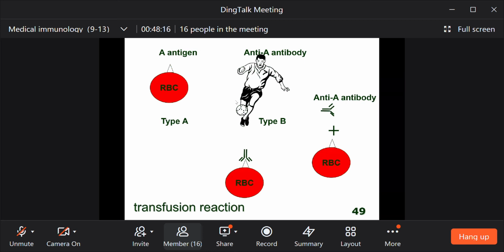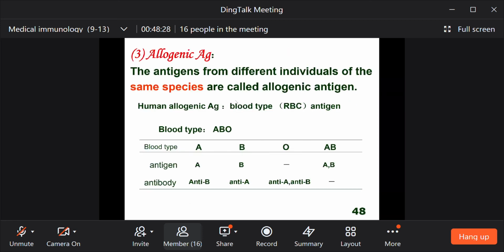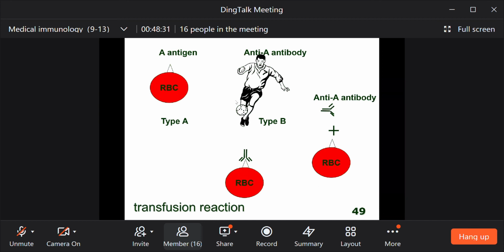This diagram will show the process. The antigen of the RBC. What is the meaning of RBC? The red blood cell, RBC.